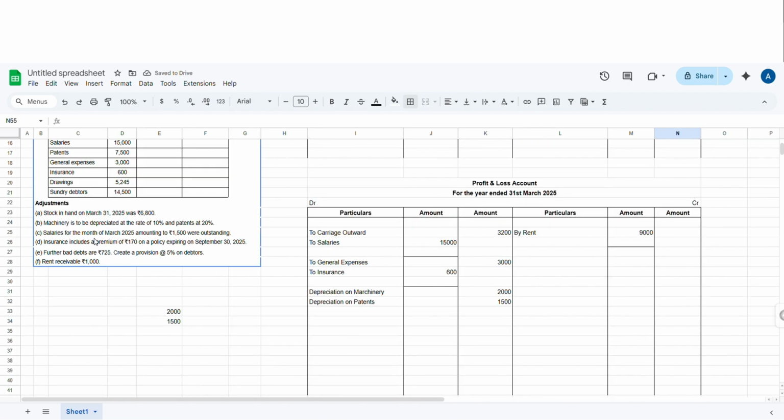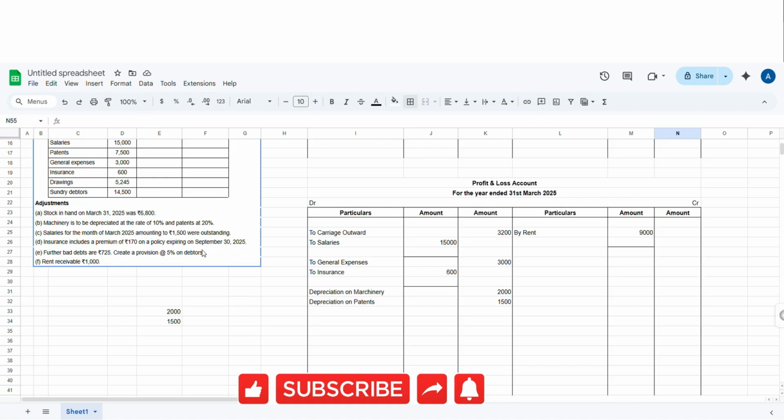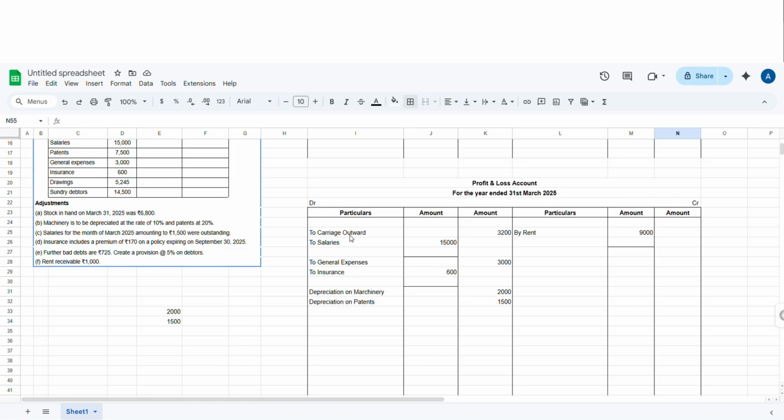Next, we have salaries for the month of March 2025 amounting to 1,500 were outstanding. This is outstanding salary. That means we should have paid 1,500 salary, but we haven't paid it. So it is recorded in the profit and loss account and balance sheet. In the profit and loss account, we add outstanding because it increases our expenses. So add outstanding, 1,500.